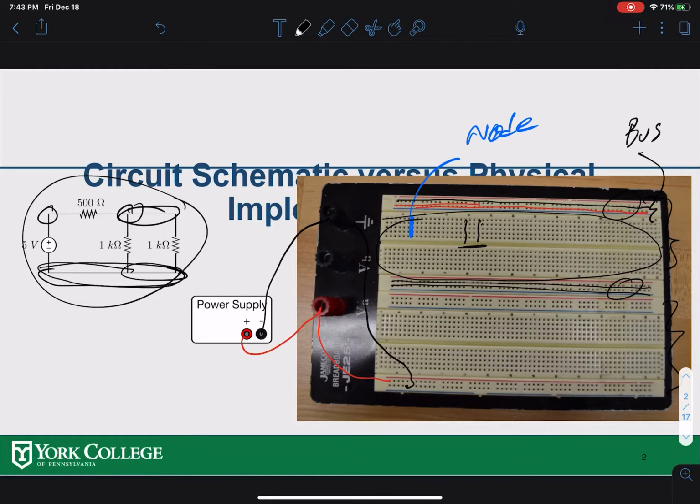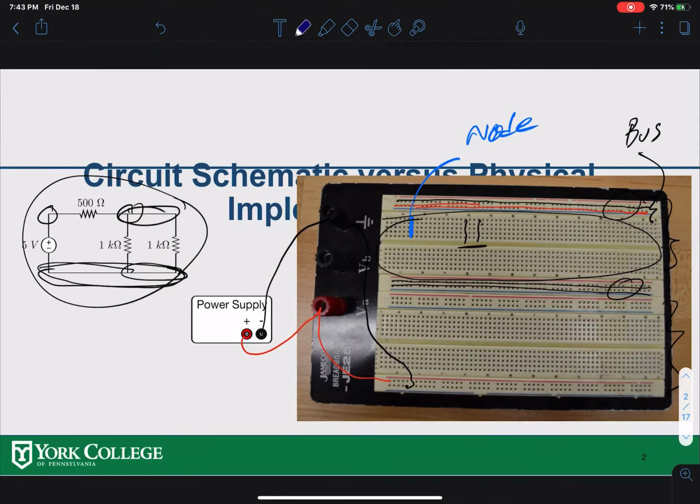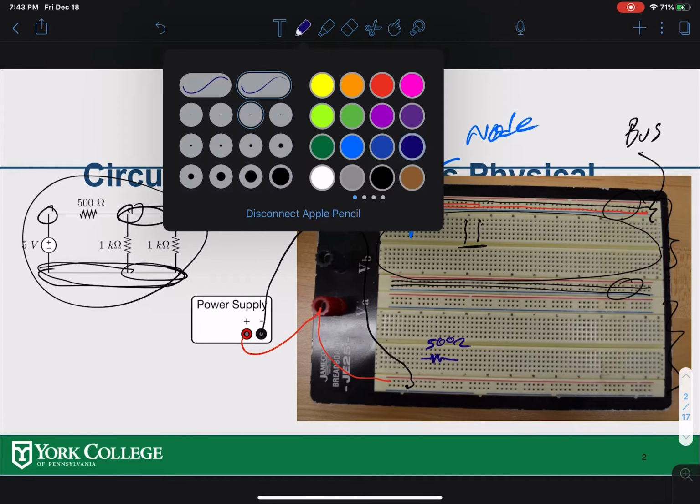Now I'm gonna take the blue one for components. Let's say this is my 500 ohms here. This end should connect to the positive.